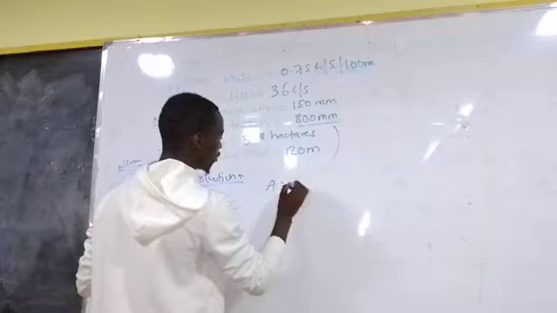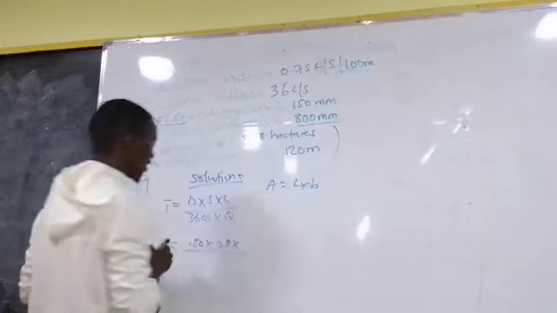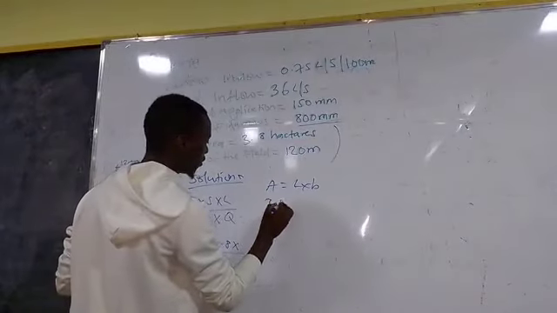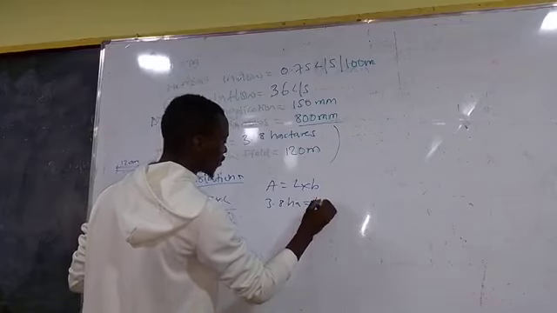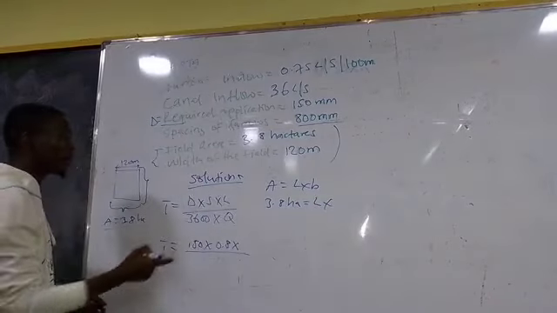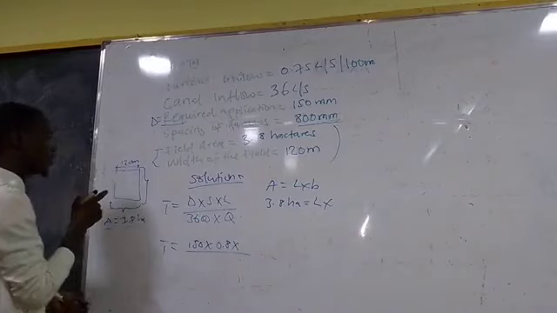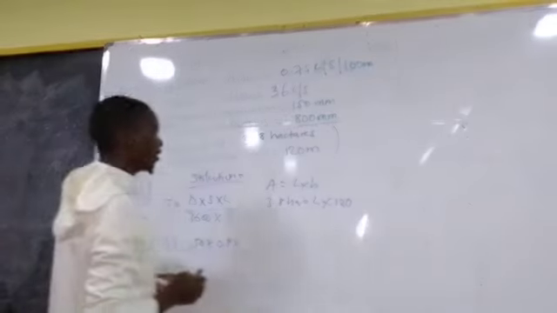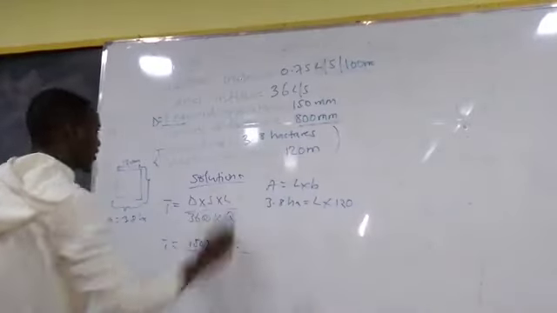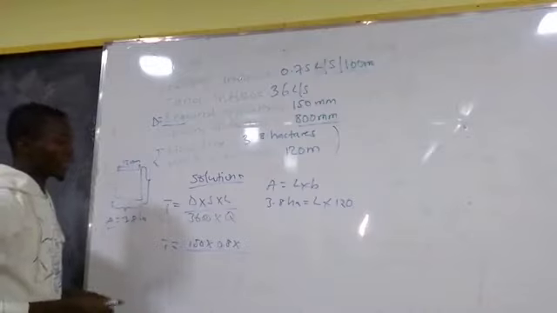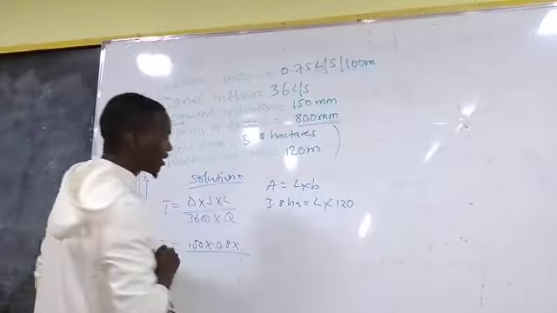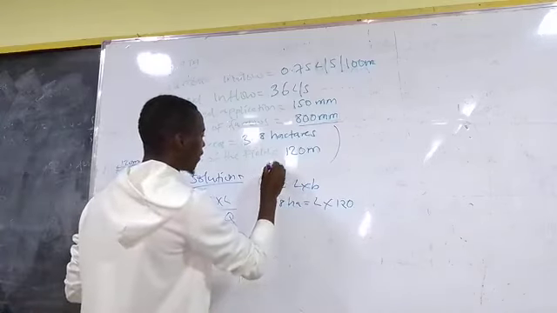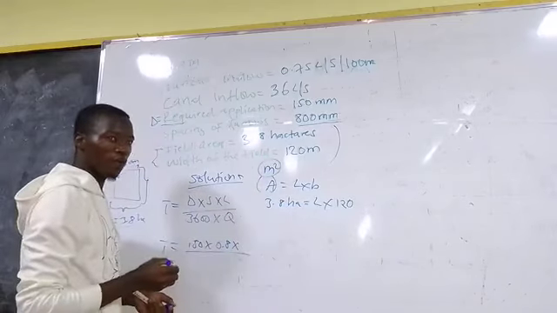Area is equal to L times B. In this case, our area is 3.8 hectares, equal to L times our width, which is 120. This hectare we can take to area units. We all know that the units for area are square meters.